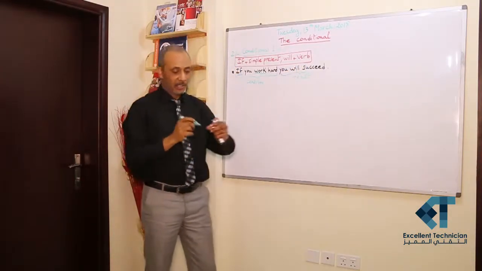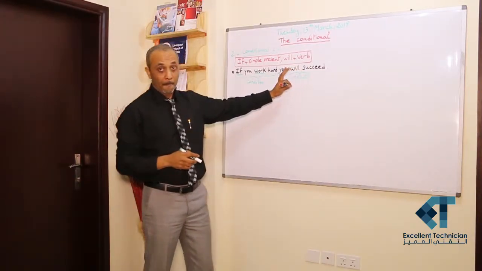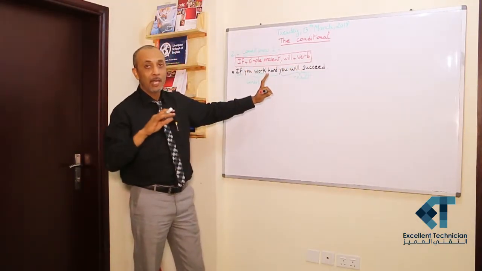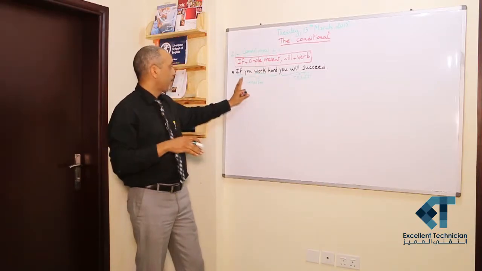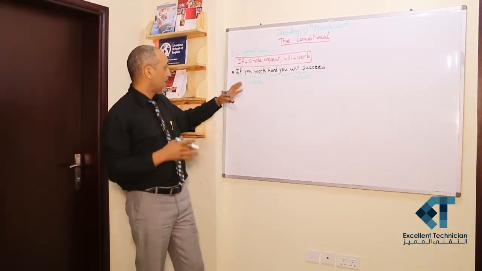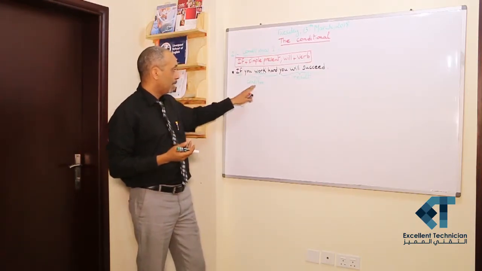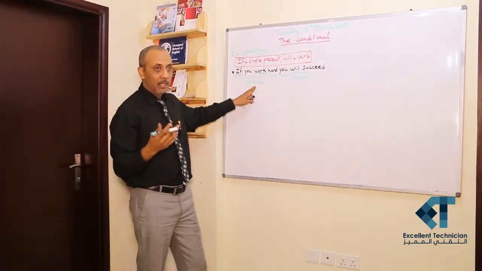The second part of the sentence, the result, can never happen if the first condition is not provided. Here I can understand that the idea of to work hard, the condition, is possible.